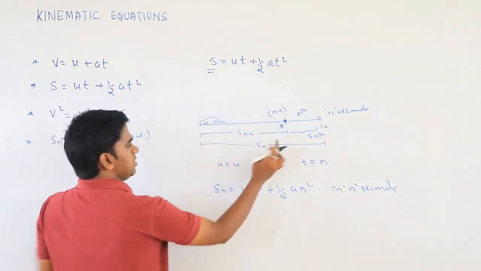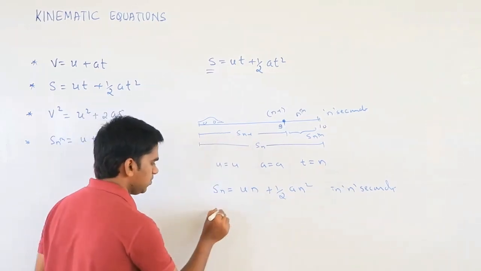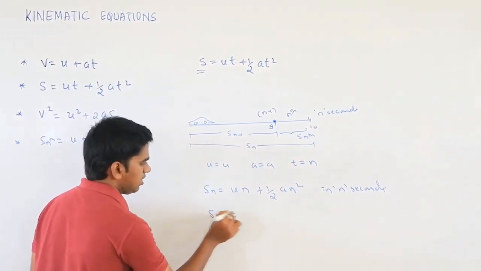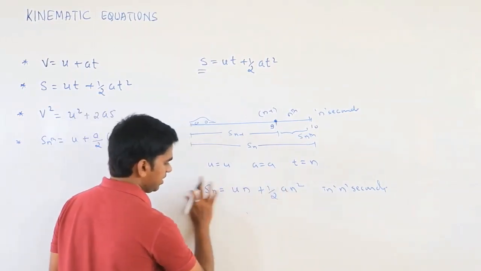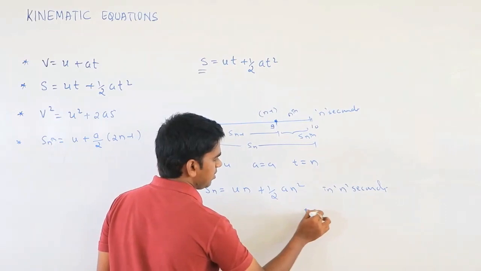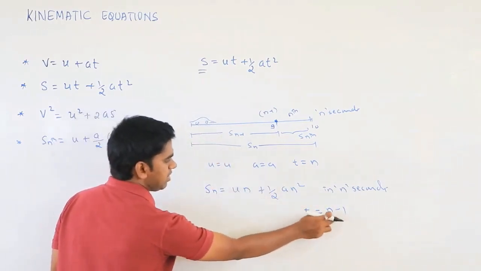Now calculate the distance traveled in n minus 1 seconds. So Sn minus 1 equals u. In place of t, what will it become? In place of t, it will become n minus 1. u and a as they are, t becomes n minus 1.